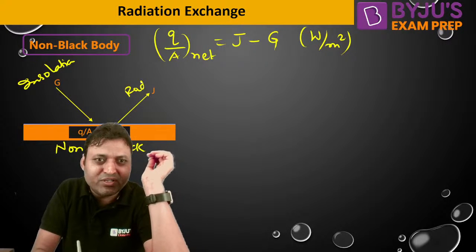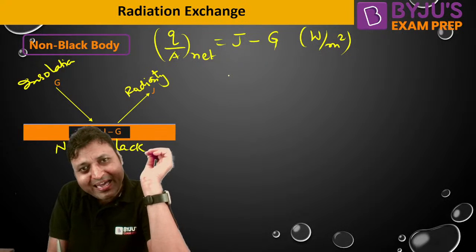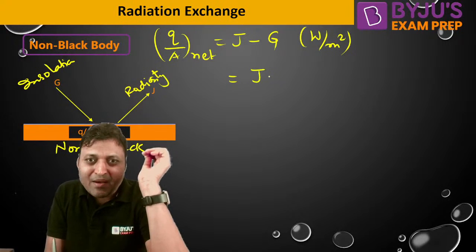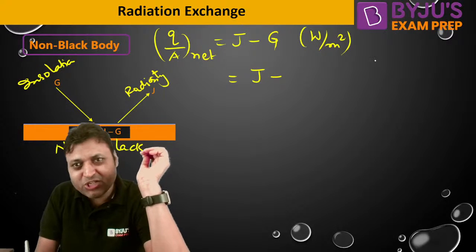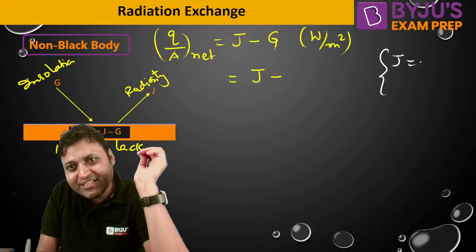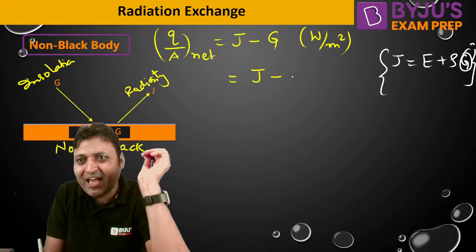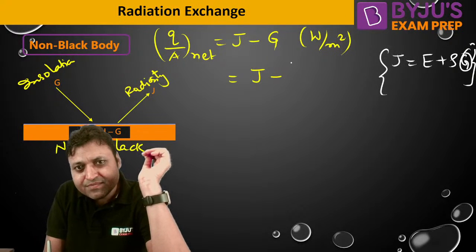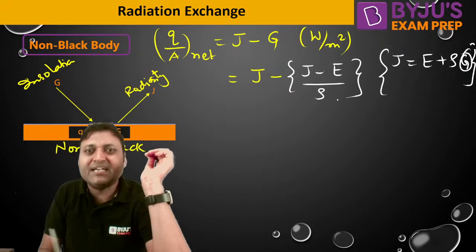What can we write for G? As we also know, J is equal to E plus rho G. From here, G can be written as J minus E by rho, isn't it?